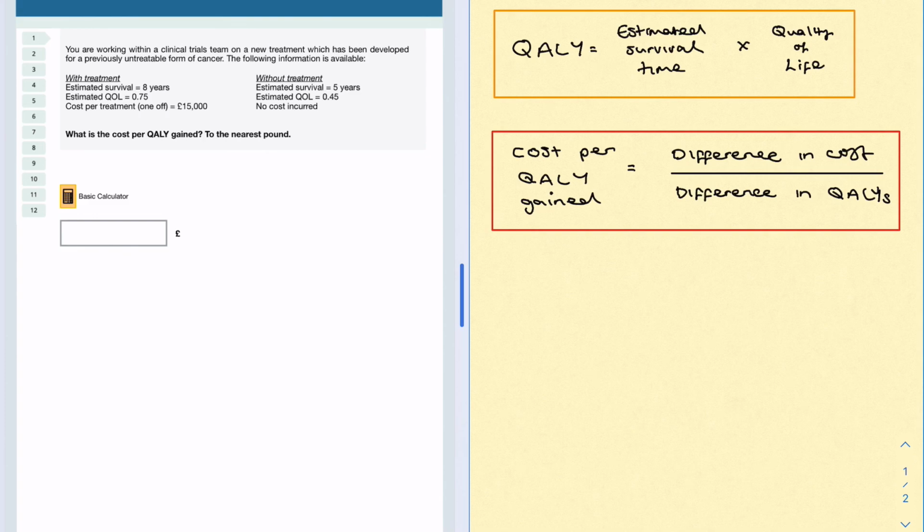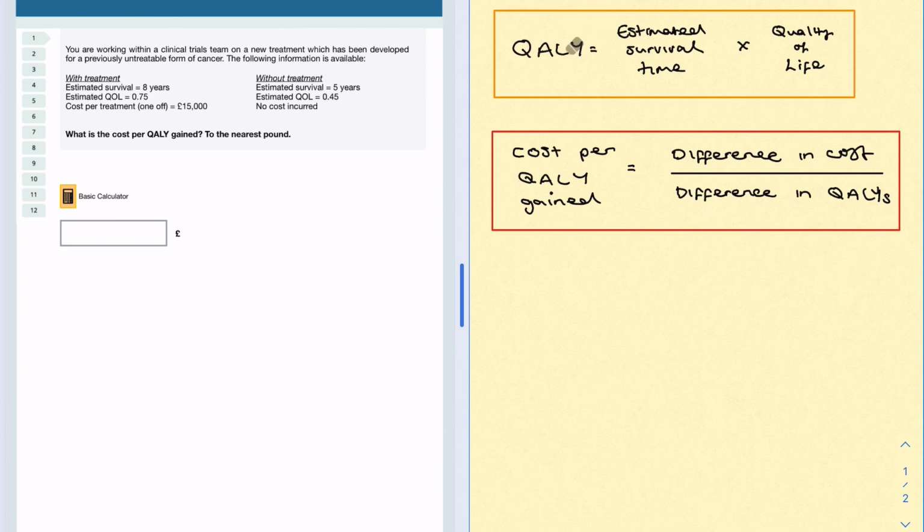A QALY is calculated by multiplying the estimated survival time times the quality of life. So for example, if we knew that a patient was going to gain so many years of extra life from a drug treatment and their quality of life was going to be a certain number, we could multiply them 2 together to get our QALY.